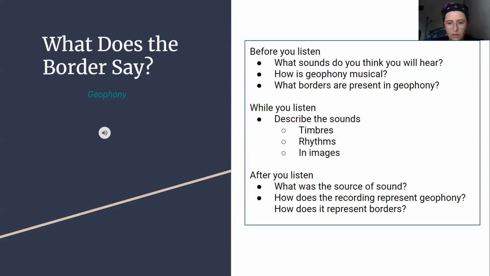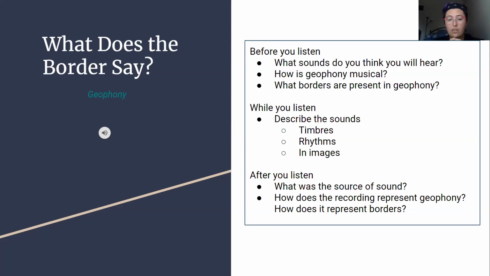Now, while you listen, we're going to be listening for the same 3 ideas that we listened to in the anthrophonic recording. I encourage you to write these ideas down so I can gather data in the SurveyMonkey.